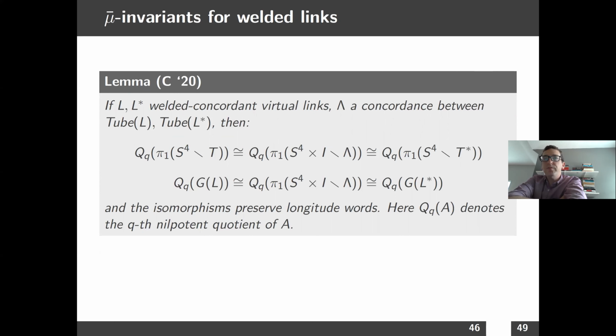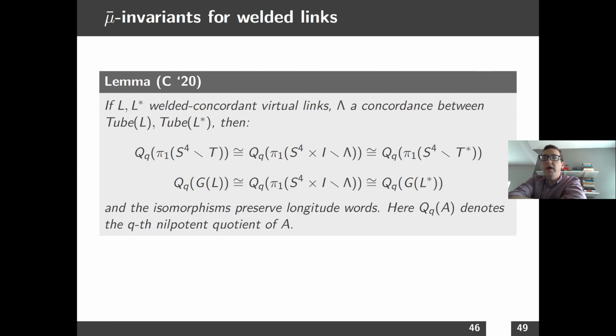And so the first lemma is that if you have two welded links and you have a concordance between their tubes, then the nilpotent quotients of the fundamental groups of the complements of the tubes are isomorphic to each other and isomorphic to the complement of the concordance in S4 times I. And if you apply that together with the isomorphisms that Satoh found, that shows that the nilpotent quotients of the group of the link L are isomorphic to the nilpotent quotients of the group of the link L star.